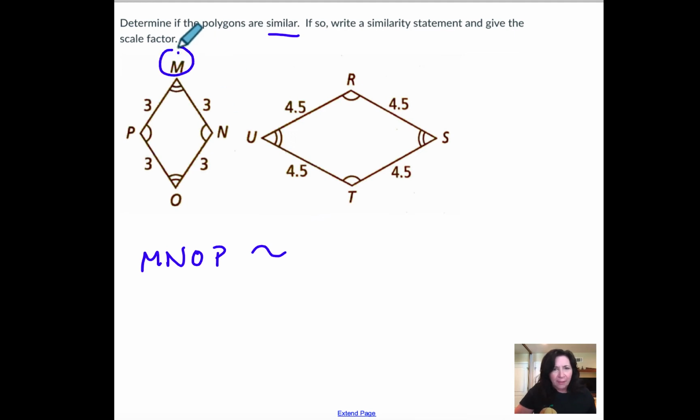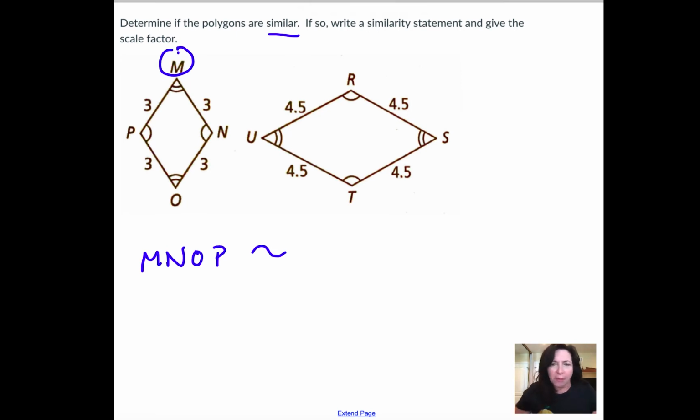If I start with M here, which looks like a double angle here, this would not be RSTU because the angles have to match up. M has to match up with R. So let's say this side was turned, or even U is turned.